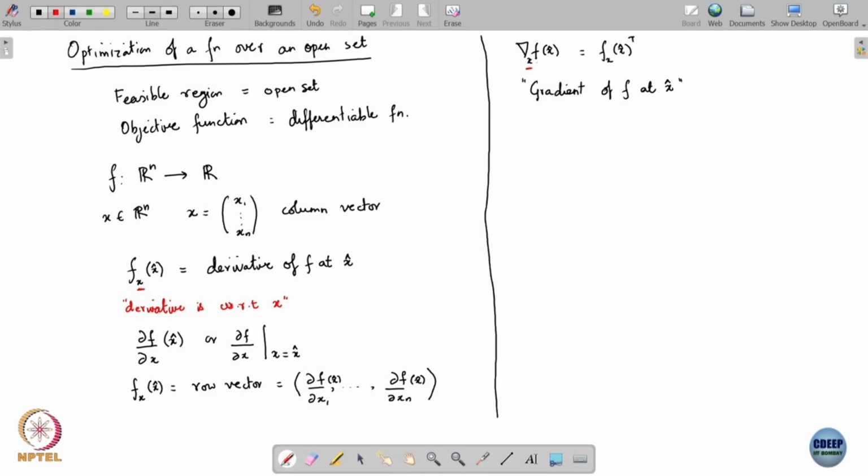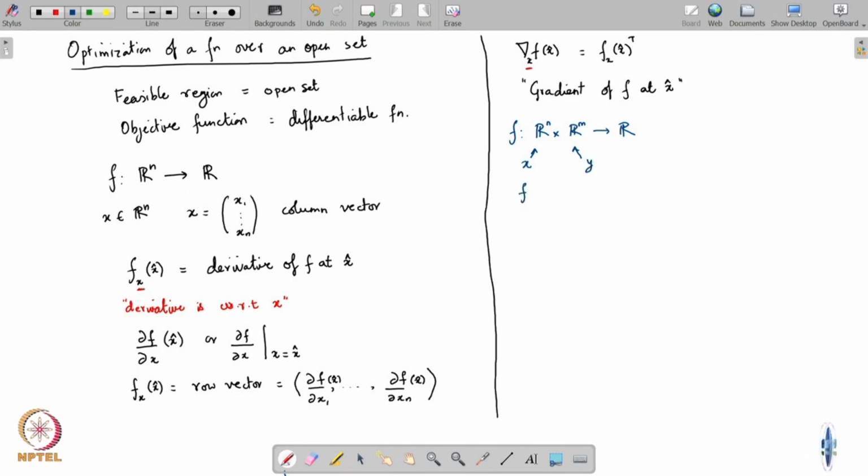All right. Suppose I have a function f from Rn cross Rm to R, so the x variable lives in Rn and the y variable lives in Rm.